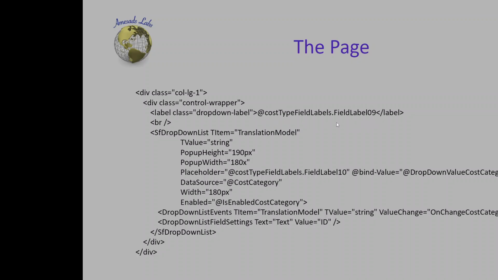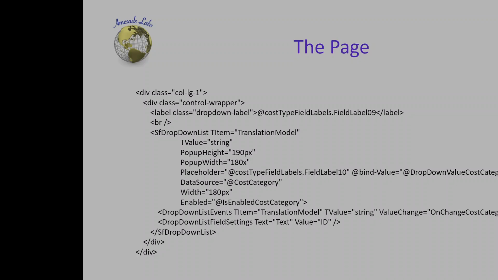Yes, this is how we work. We have the translation model as a model. We have defined the value, we define height and width, and we give it a placeholder just to let the user know what this is about.